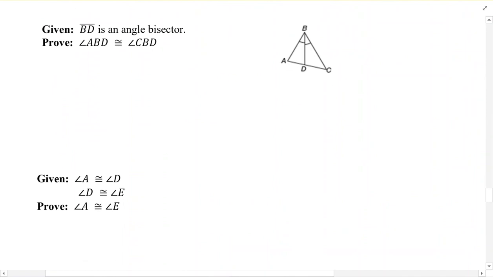We have two remaining proofs, and they're fairly short proofs. In this one, we're given that BD is the angle bisector. And that was given. If BD bisects this angle ABC, then we know it cuts into two equal angles.